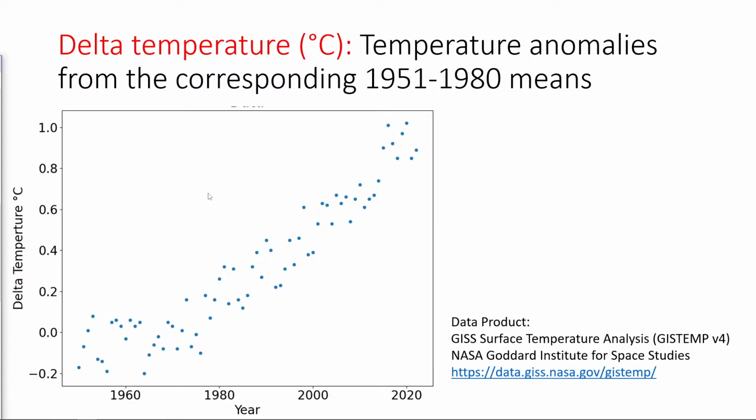And what we do is we don't need to plot the absolute temperature, but you can just plot the temperature anomaly, from the corresponding 1951 to 1980 mean. Basically, over this 30-year period, you get the mean value for the Earth's temperature, and then you subtract this mean value from each year's temperature. So around this period you'd expect the temperature to be around zero, but then if the Earth's temperature is increasing, you see it here.